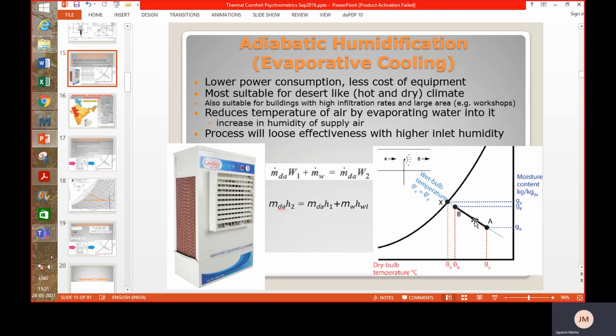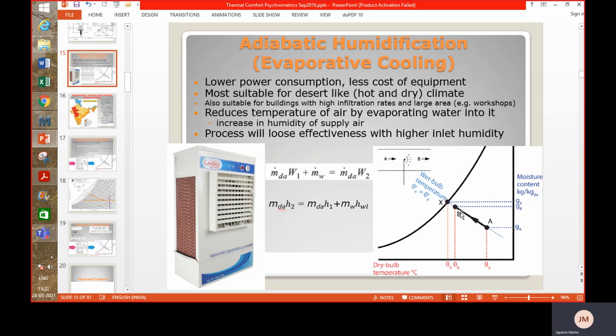Now, in this process, if there is no heat which is added into the system, or removed from the system, then the process would be an adiabatic humidification process. As it is shown, it moves on a constant wet bulb temperature line.